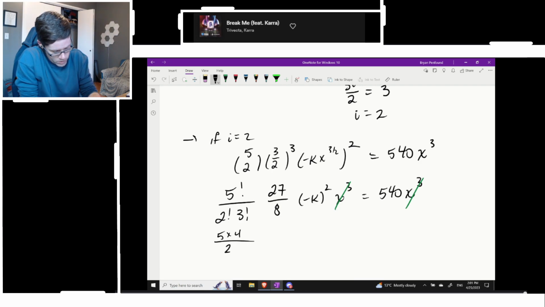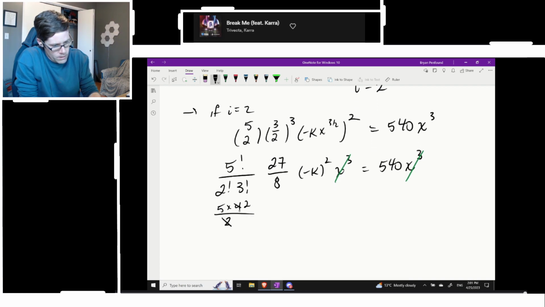This is just going to be 2 times 1. So this should be 5 times 2, which is 10, times some stuff. So we'll get like 270 over 8. We're going to get k squared, because the negative one doesn't really matter. All this should be equal to 540.